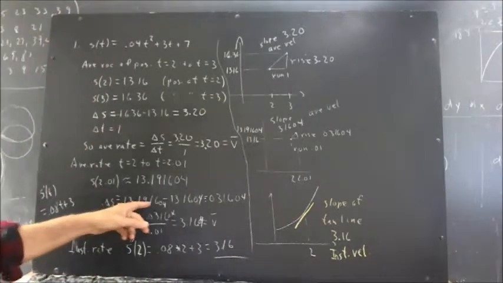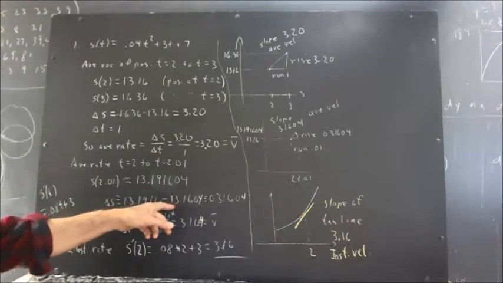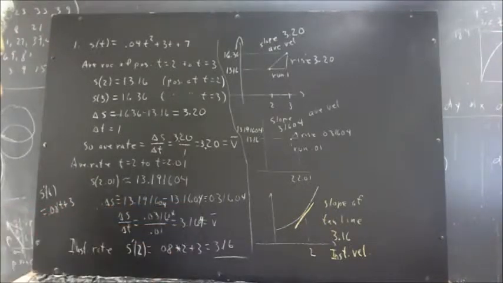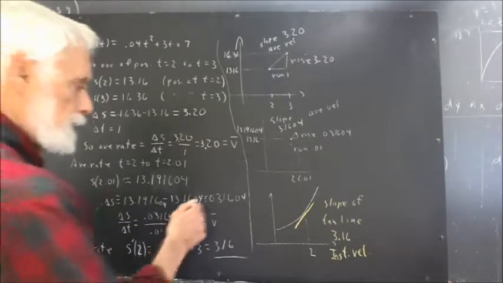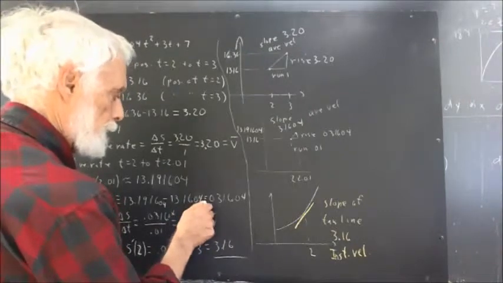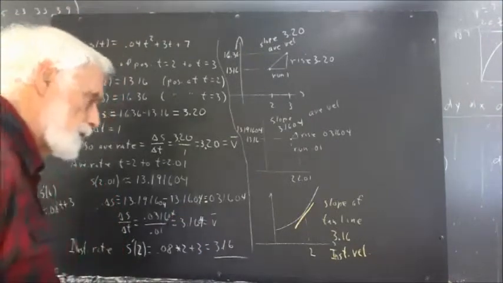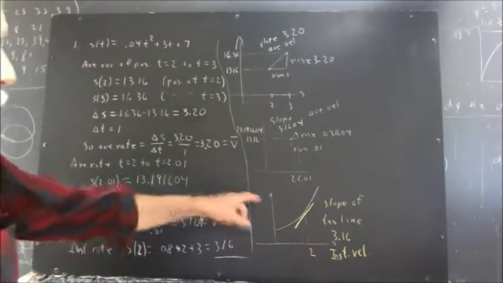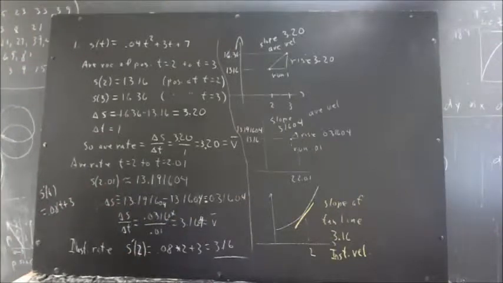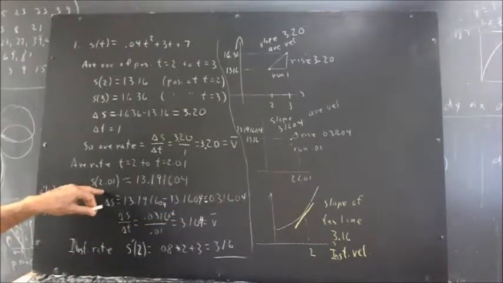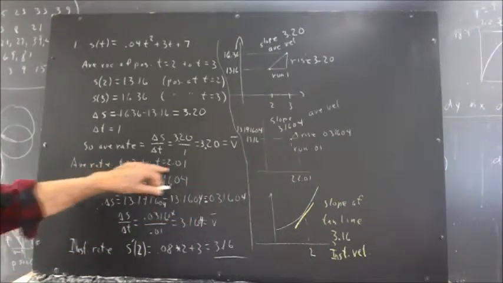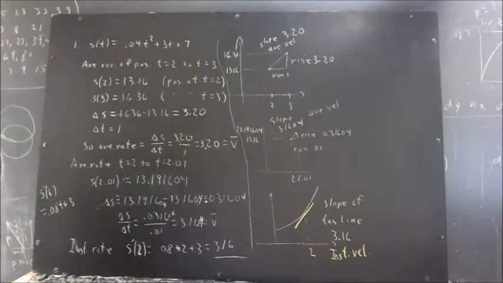Okay, 13.191604 minus 13.16 gives us 0.031604, and that's the difference in the position for this hundredth of a second interval between t = 2 and t = 2.01.